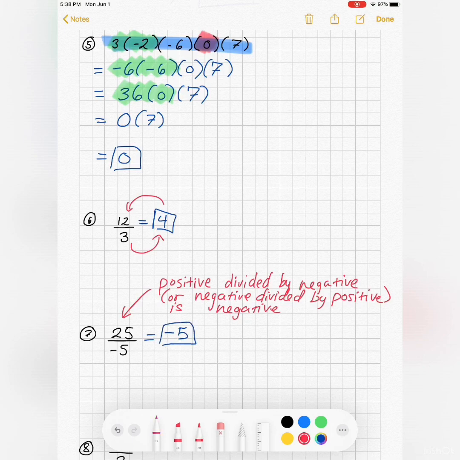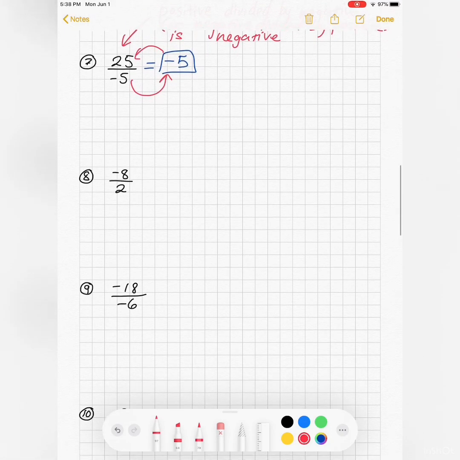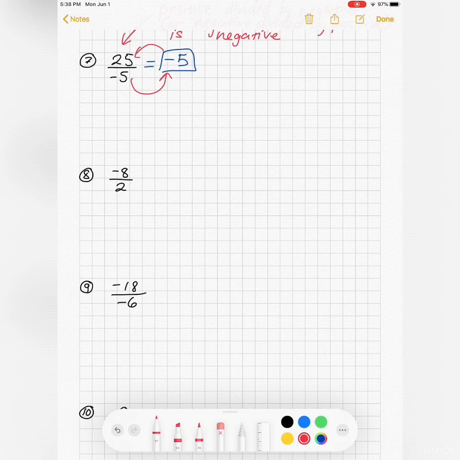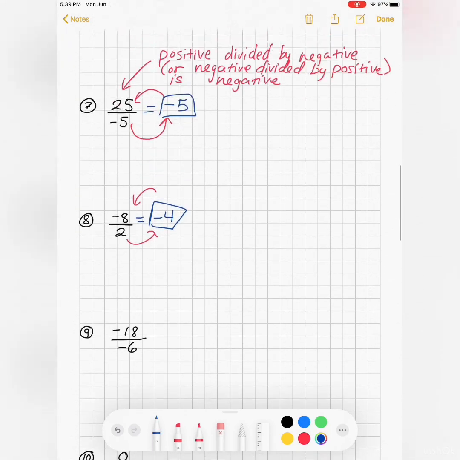So if you go to check this, look, this is kind of cool. Negative 5 times negative 5 is positive 25. So that does work. Okay, here we have a negative divided by a positive. So we know that's negative. We can check it by saying 2 times negative 4 is indeed negative 8. Did we already write this rule down?